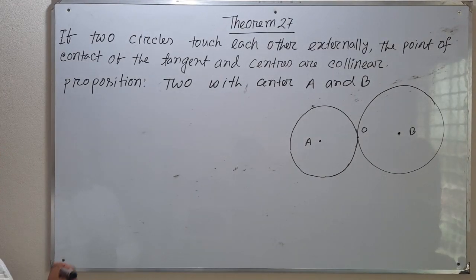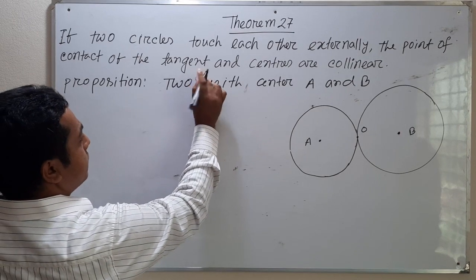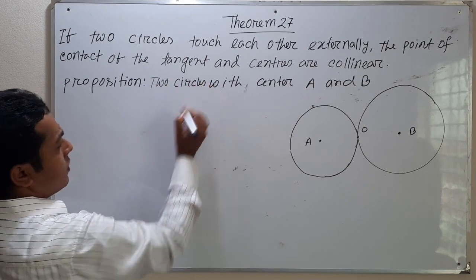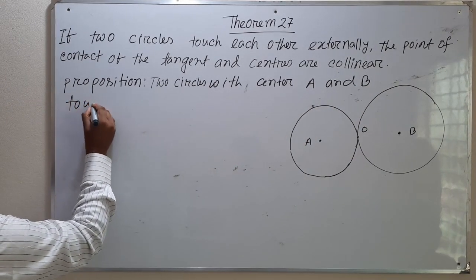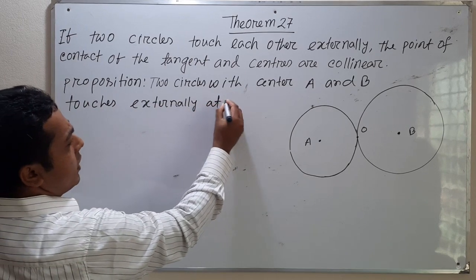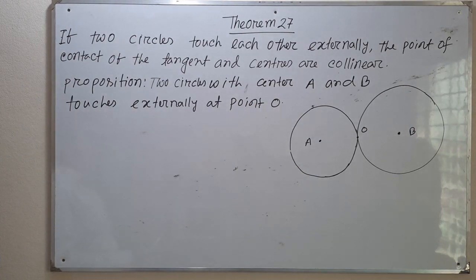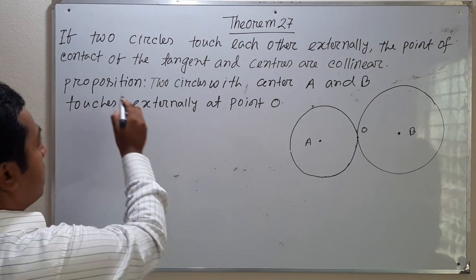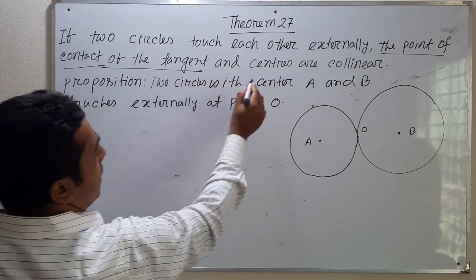Now, two circles with centers A and B touch externally at a point O. So the point of contact of the tangent and the centers are collinear.